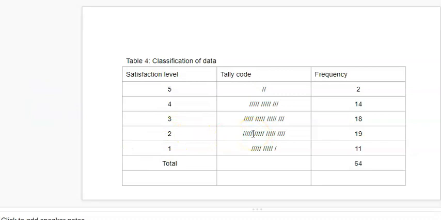So it will be convenient without missing any. We can mark all the numbers and then count them and convert this raw data into tabulated data, and this mark is called a tally mark. And when we add all these frequencies, we find out the total number of elements in the group.